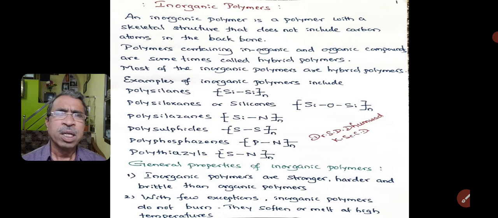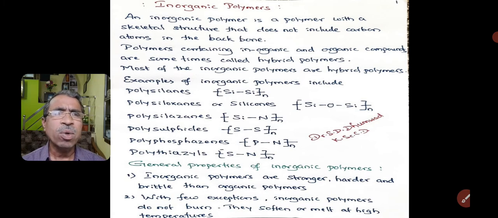polysilanes. Polysilanes contain Si-Si bonds, and n is a very small number here. It is not like carbon. Then we have polysiloxanes or silicones.